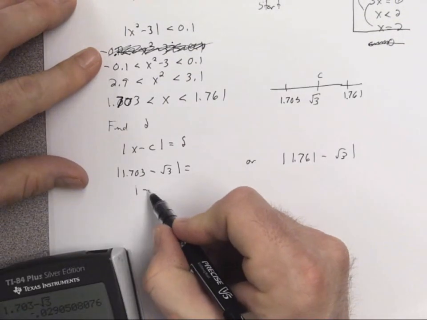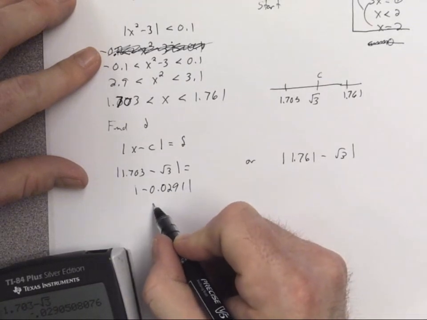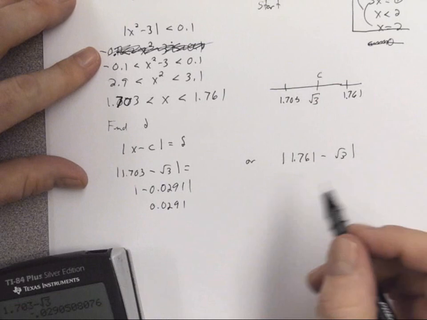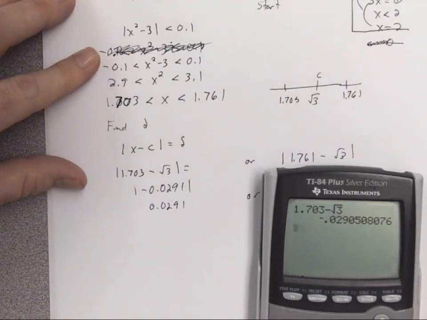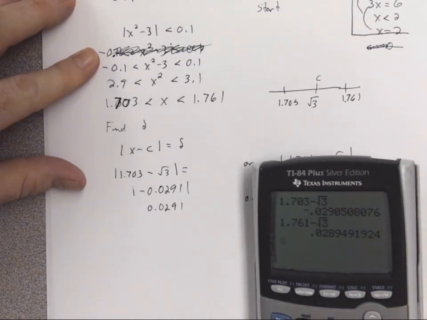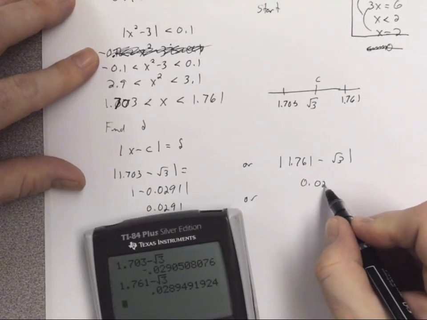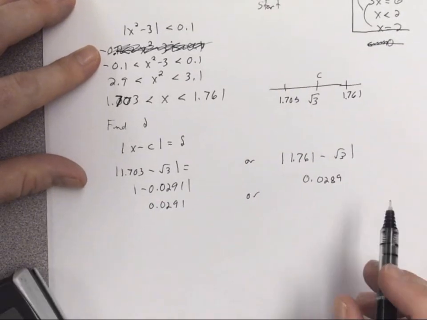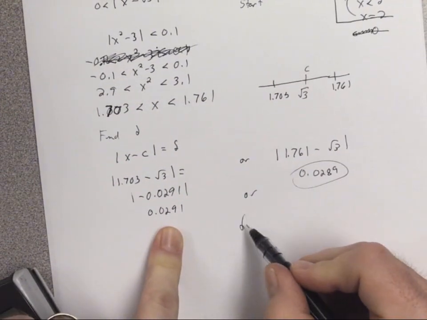So the absolute value of negative 0.0291 is 0.0291. Or 1.761 minus the square root of 3, so I get 0.0289. Which one's smaller, the left or the right? This one's smaller, so that's what delta is.